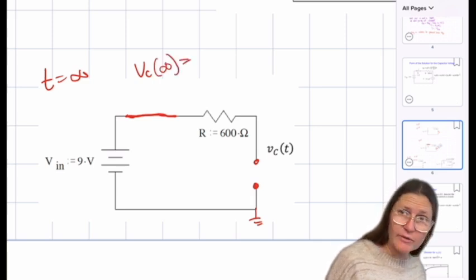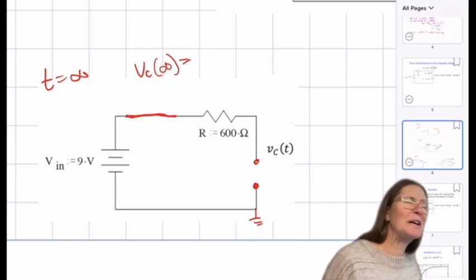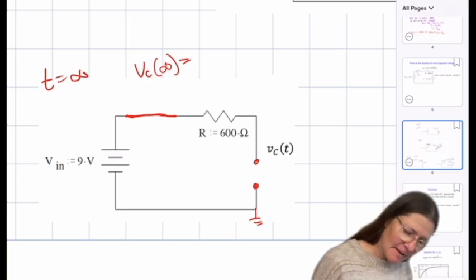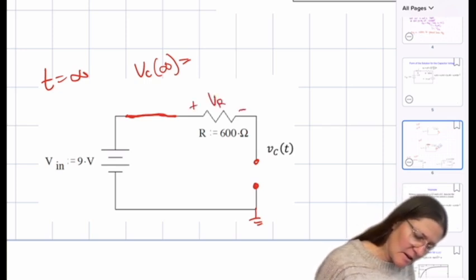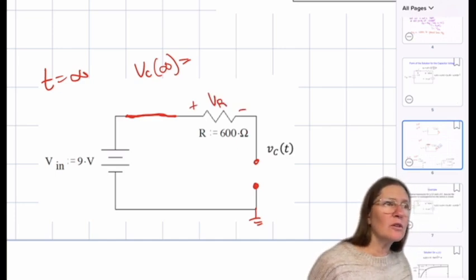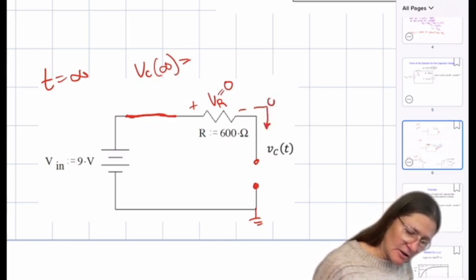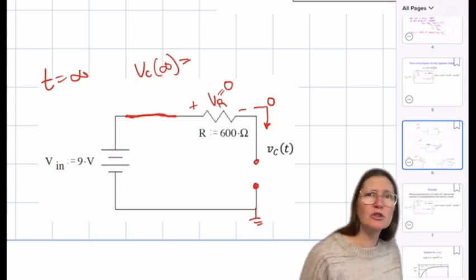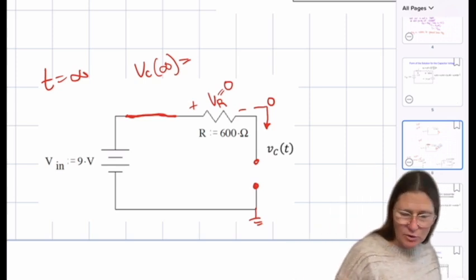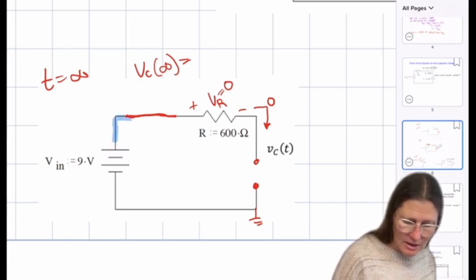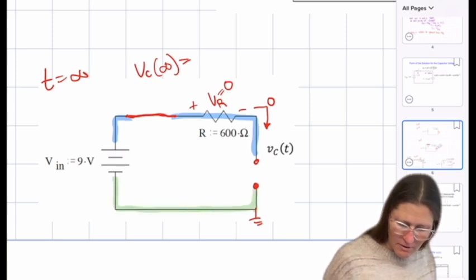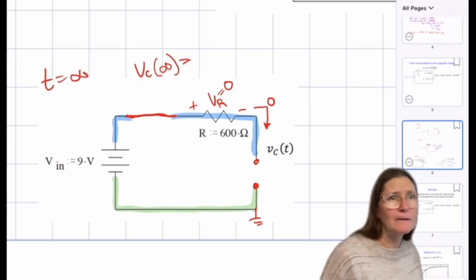Correct. And what is, well, let me go back, not quite correct. What is VR? What's going on here? 0 VR, correct. 0 current, correct. No current, no voltage across that. So if I'm ignoring that, then I have just the 9-volt supply, right?